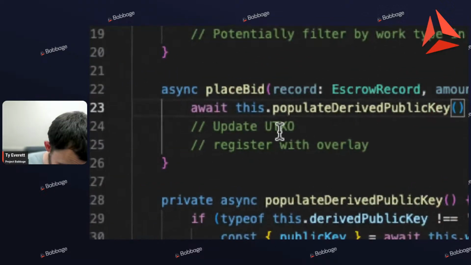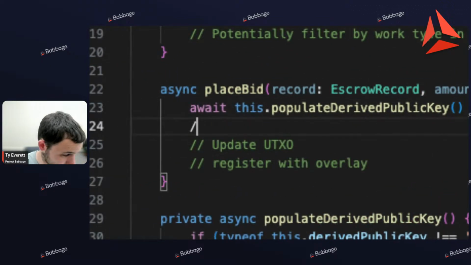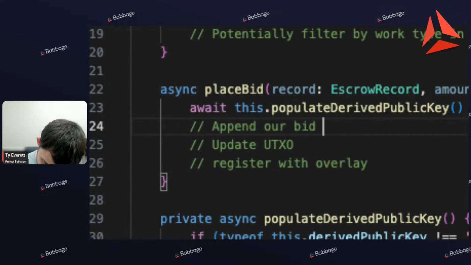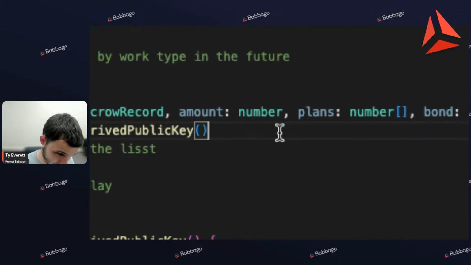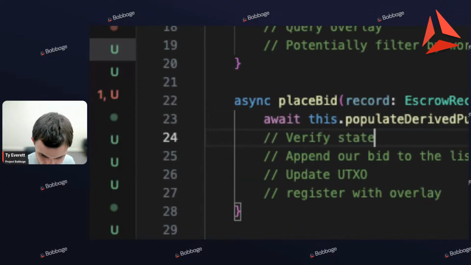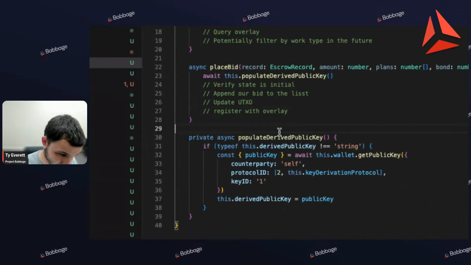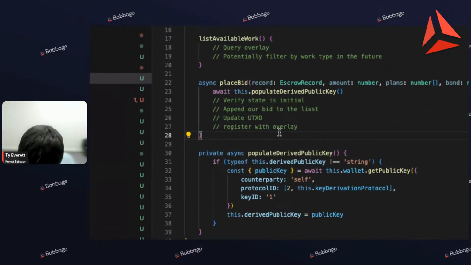So that's essentially every one of these, but verify state is initial. State needs to be initial because, well, that's when you can place a bid.